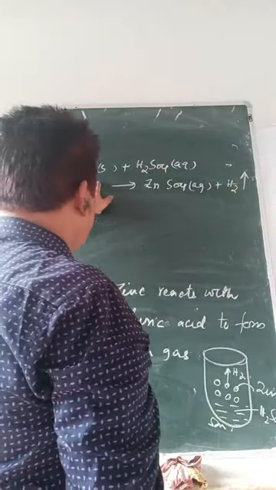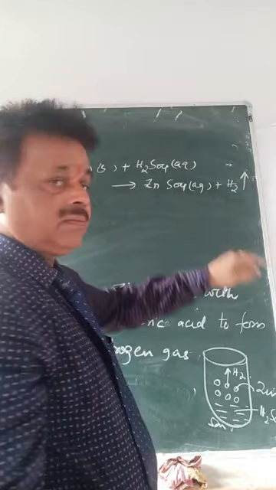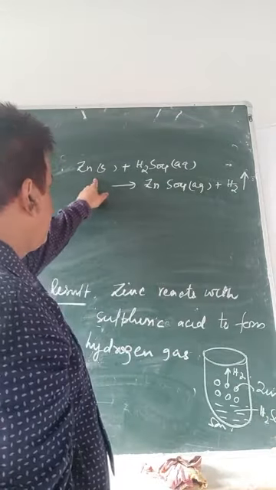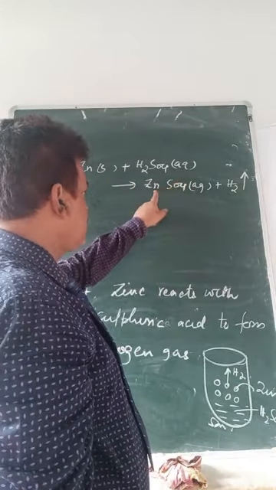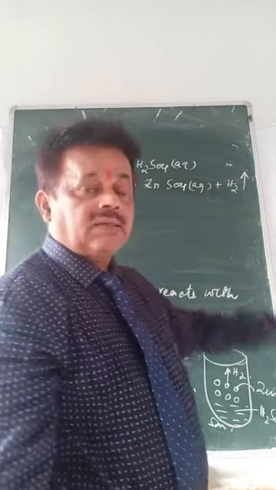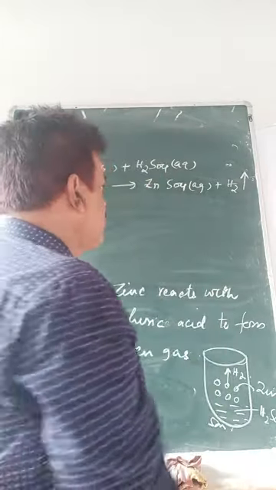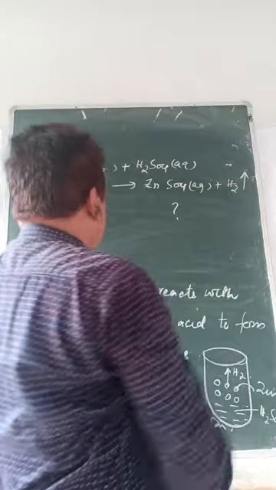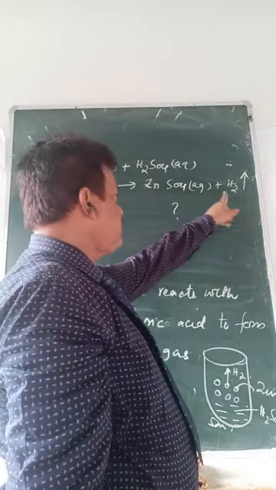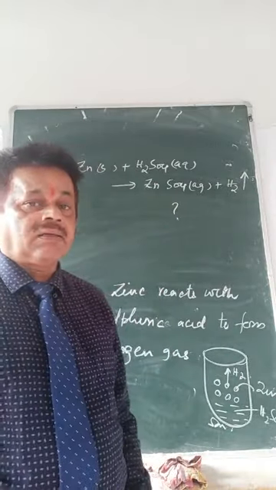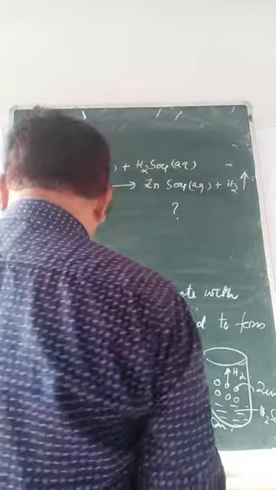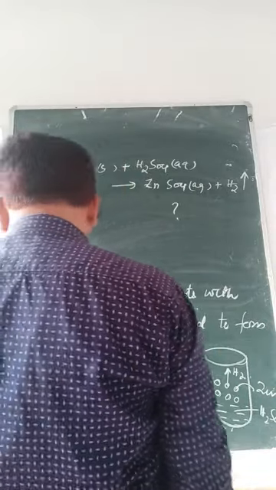Acha, I am leaving one question for you. You tell me whether it is a displacement reaction or combination reaction. So question mark for you. Whether this reaction is a displacement reaction or combination reaction. Try to answer.